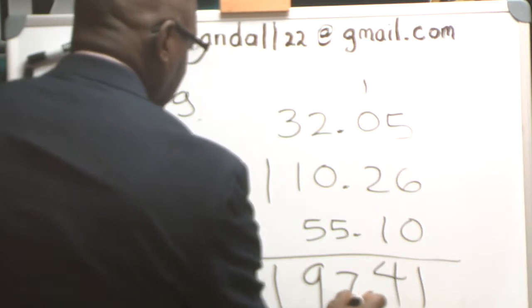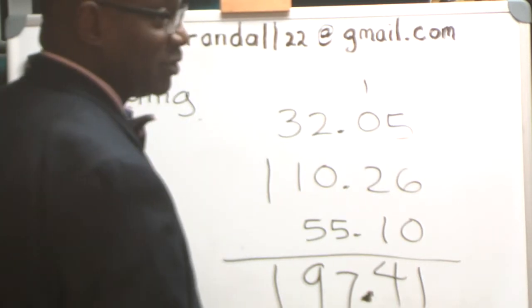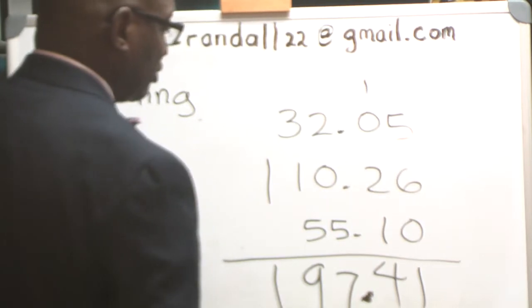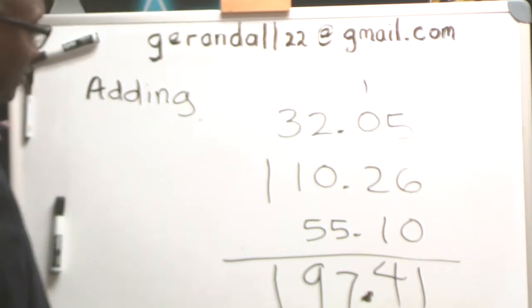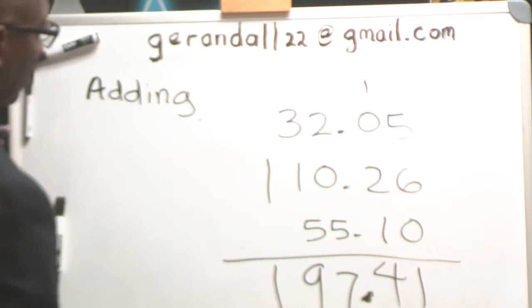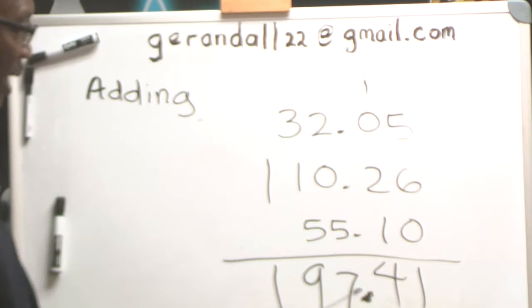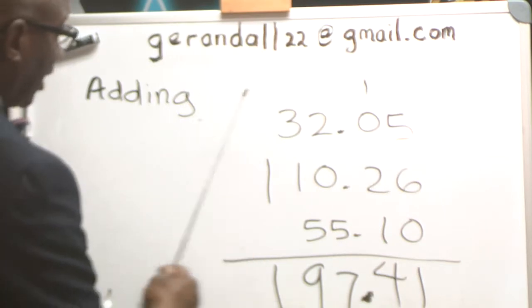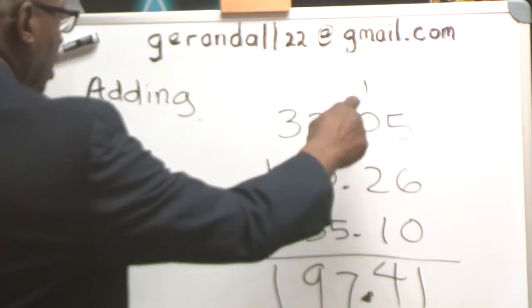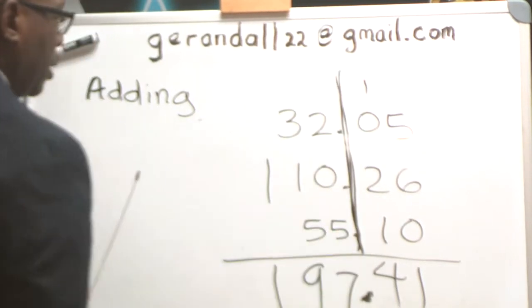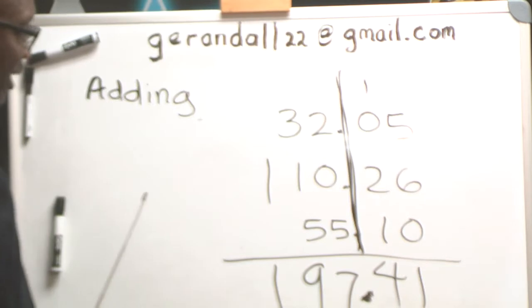You would spend, and this does not include sales tax, $197.41. Okay, so we've had an application. You go in the store, buy these things, they tally it up, and you've kept everything lined up properly, and you're able to add just like you would whole numbers.